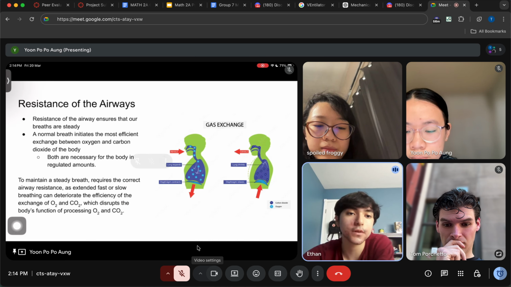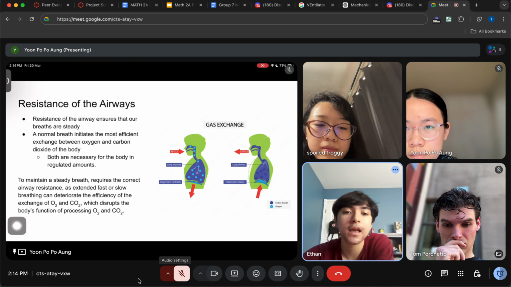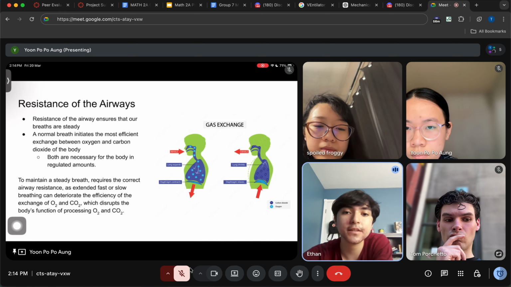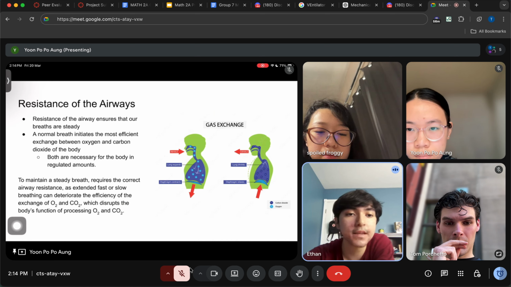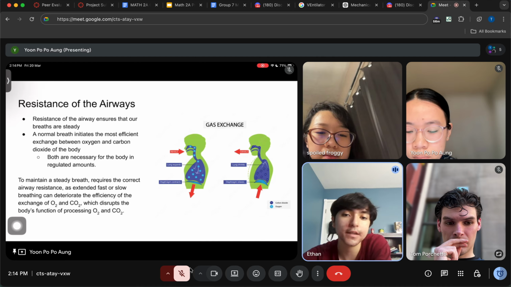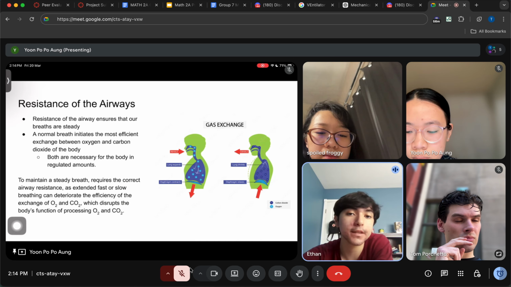So, as we talked about before, resistance of the airways ensures that you're inhaling and exhaling oxygen and carbon dioxide at a steady rate. Going too fast or going too slow diminishes the efficiency of the gas exchange that happens in your lungs, and both are needed in a regulated amount.